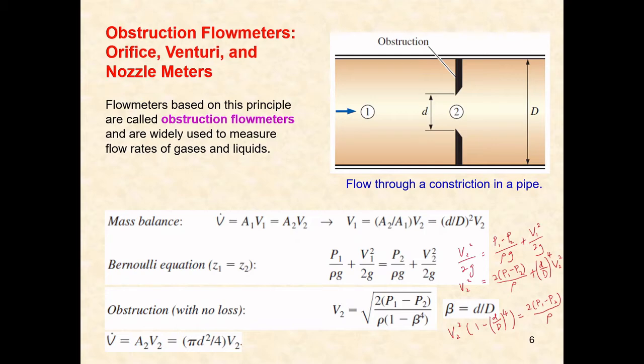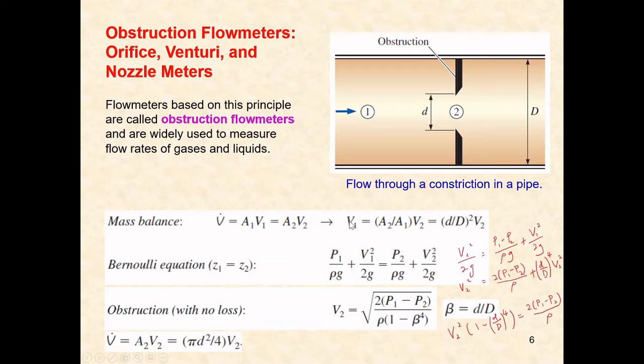It is basically based on mass balance. When you have a constant density, we can reduce the mass flow rate to the volumetric flow rate. So the volumetric flow rate is given by A1V1 equals A2V2.